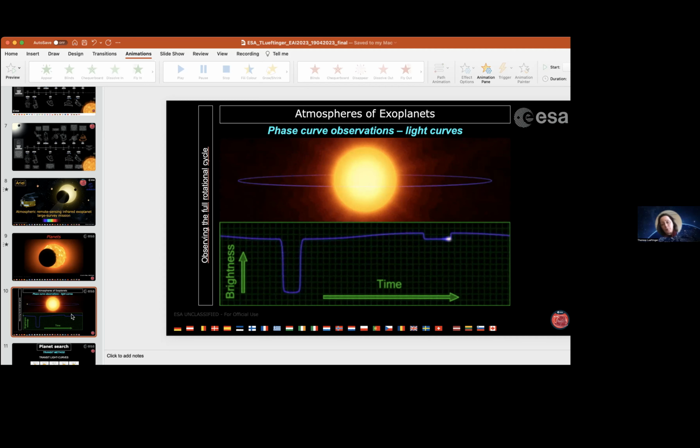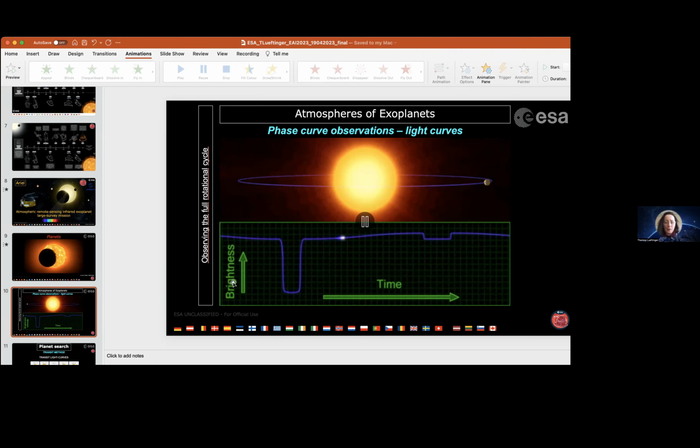If our instrumentation is sensitive enough and measuring precisely enough, we see a tiny dip as soon as the planet crosses the star. That's the so-called primary transit. And when the planet is crossing behind the star, we see the secondary transit, so another change in light.